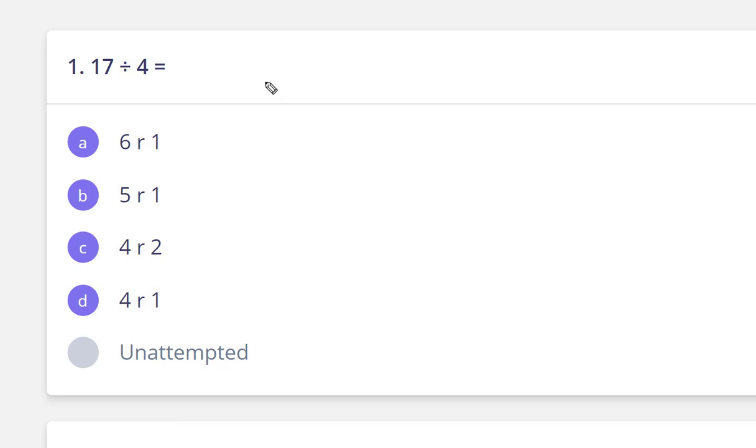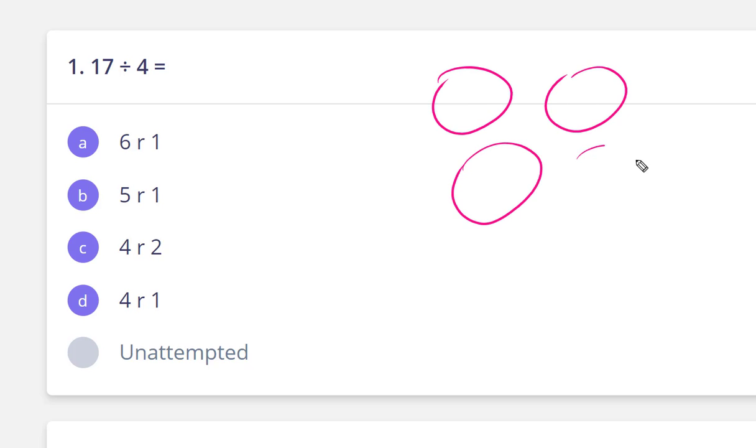You can draw 4 groups and start counting the 17. 1, 2, 3, 4, 5, 6, 7, 8, 9, 10, 11, 12, 13, 14, 15, 16, 17, 18.